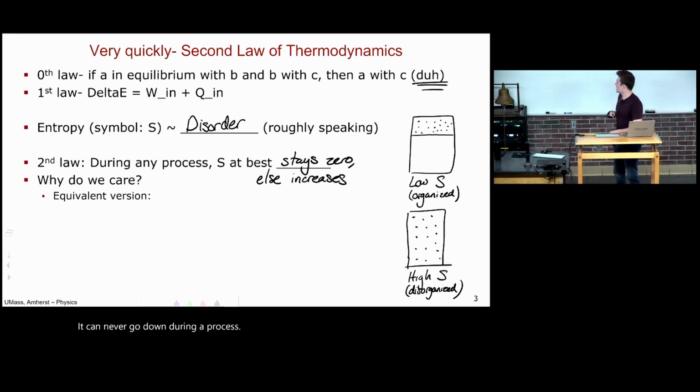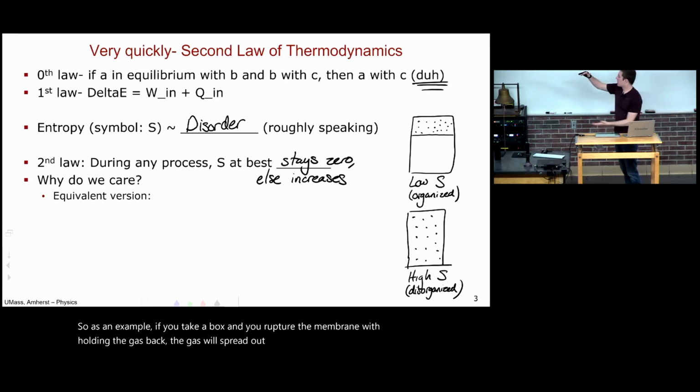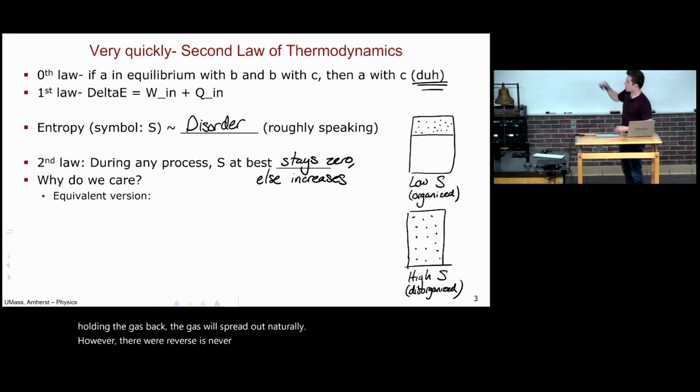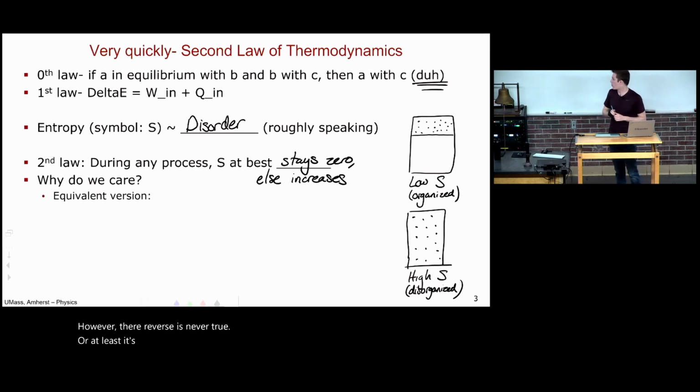As an example, if you take a box and you rupture the membrane holding the gas back, the gas will spread out naturally. However, the reverse is never true, or at least it's exponentially small probability for a gas to reorganize itself all into the upper quadrant.